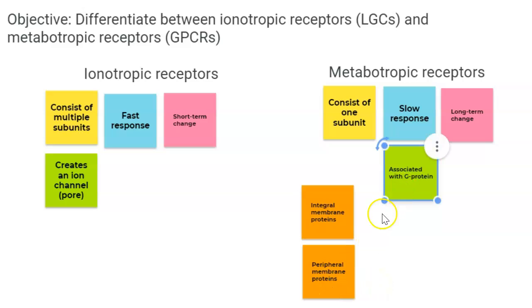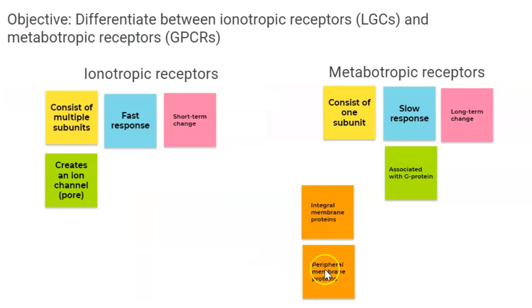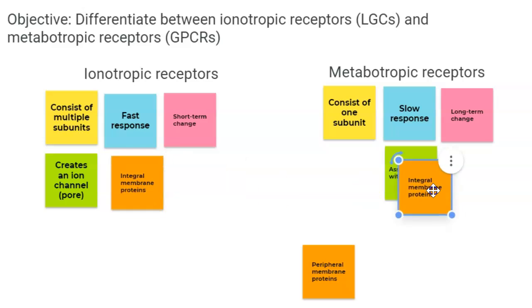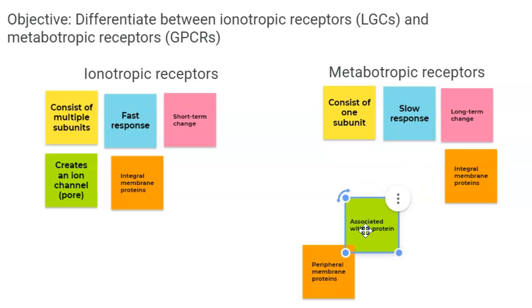The associated G protein is a peripheral membrane protein, but the receptors themselves, because they span the membrane, are both integral membrane proteins.